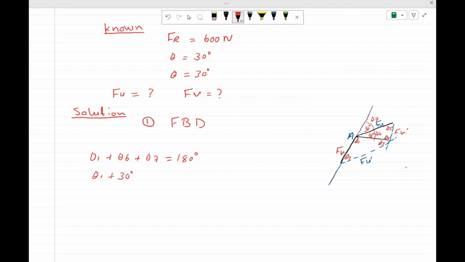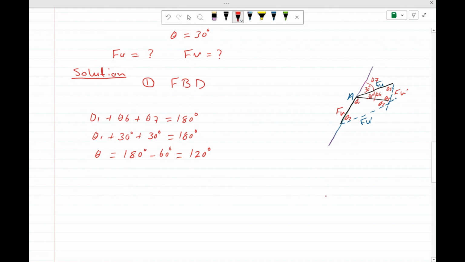Theta 6 is 30 degrees, and theta 7 is the same, 30 degrees. They should equal 180 degrees. Solving for theta 1, 180 minus 60 degrees equals 120 degrees.